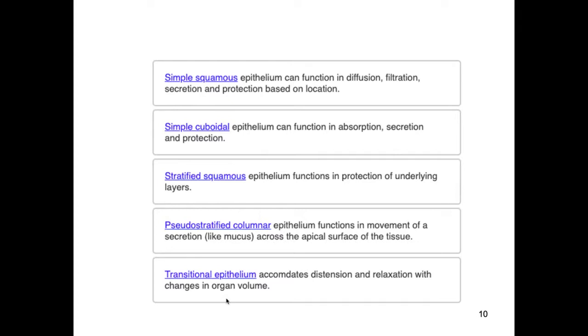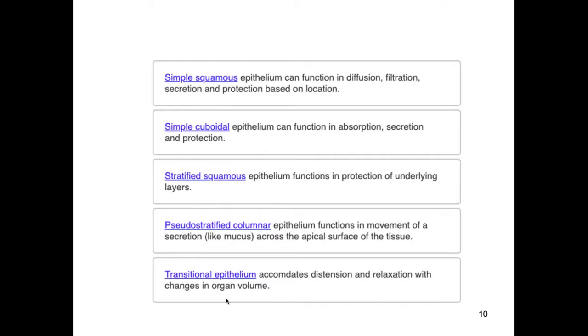Whenever you have tubes, you're going to have epithelium. Simple cuboidal is found at the proximal convoluted tubules and the distal convoluted tubules, and the kidneys are involved with absorption, secretion, and protection.